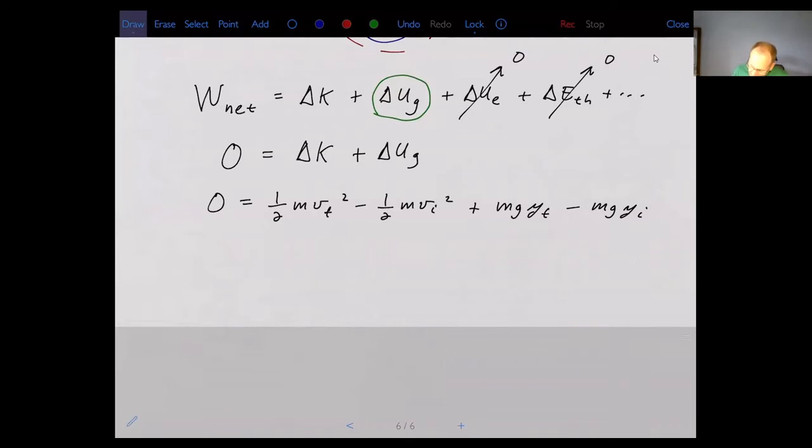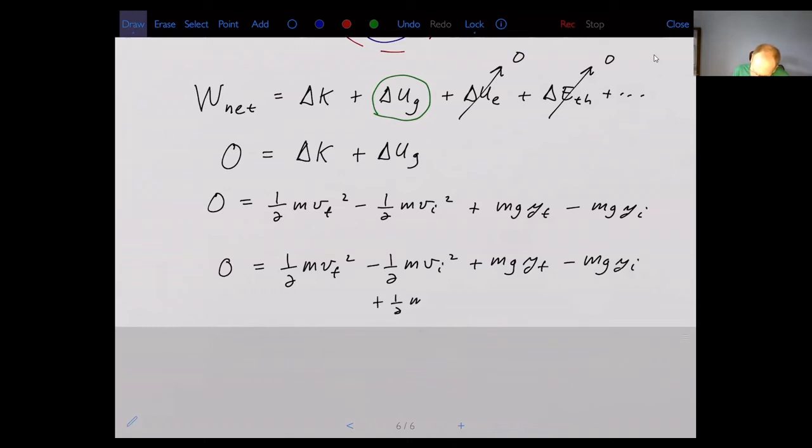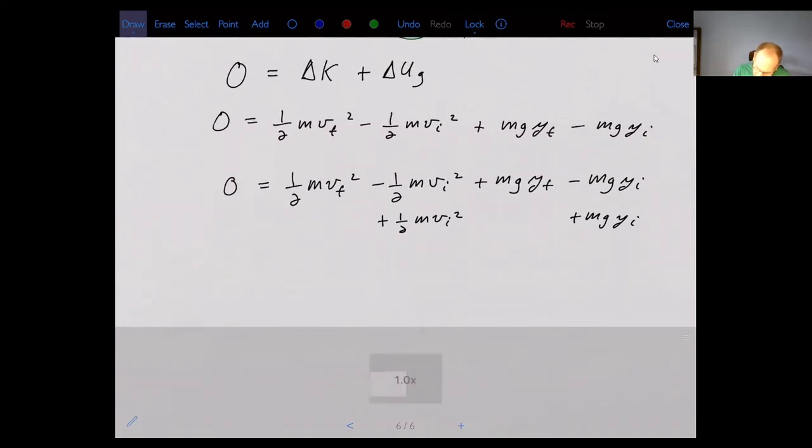So let me add these two terms that contain the initial velocity and initial height to both sides.